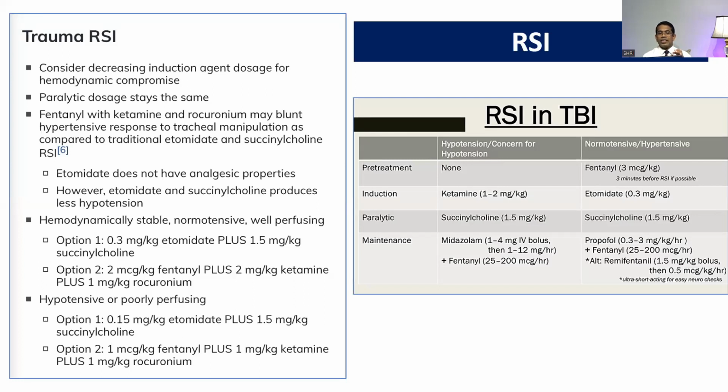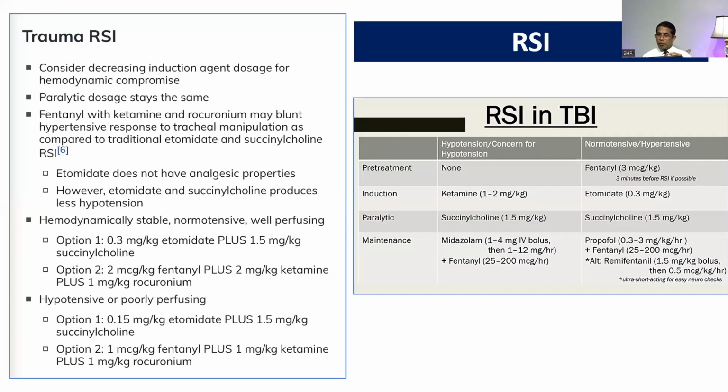Here, you can see that for a hemodynamically stable, normotensive, well-perfused trauma patient, there are two options you can go ahead with. I prefer option 2, which is fentanyl 2 micrograms per kg plus ketamine 2 milligrams per kg, and either suxamethonium or rocuronium.